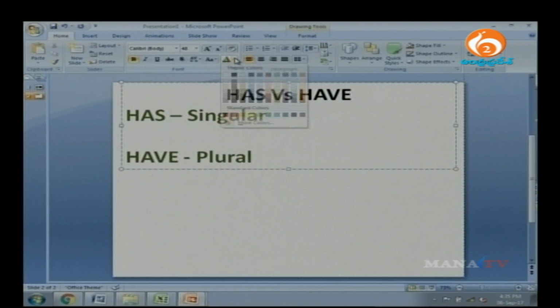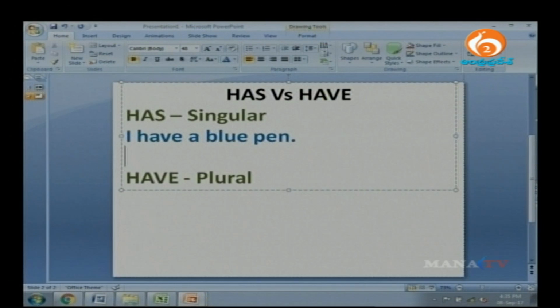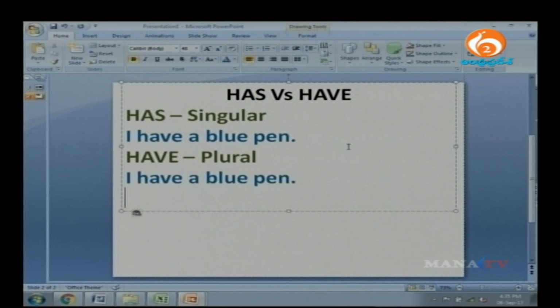For example, I have a blue pen. They have a blue pen. Now, since I is a first person, you will use have.